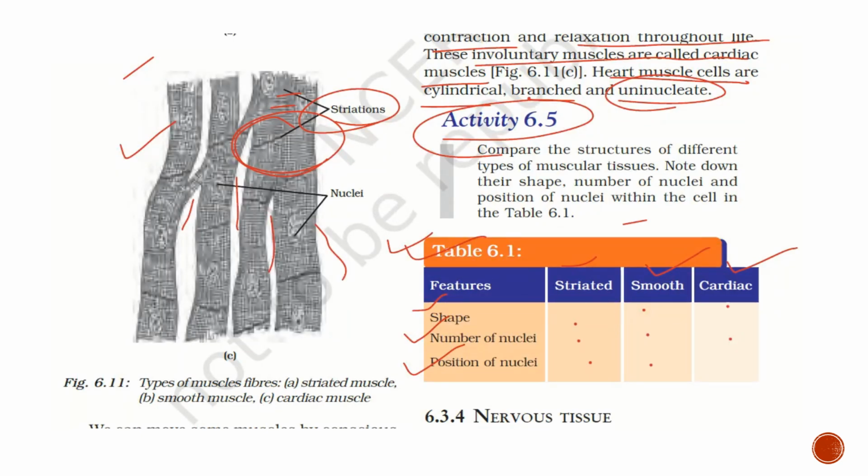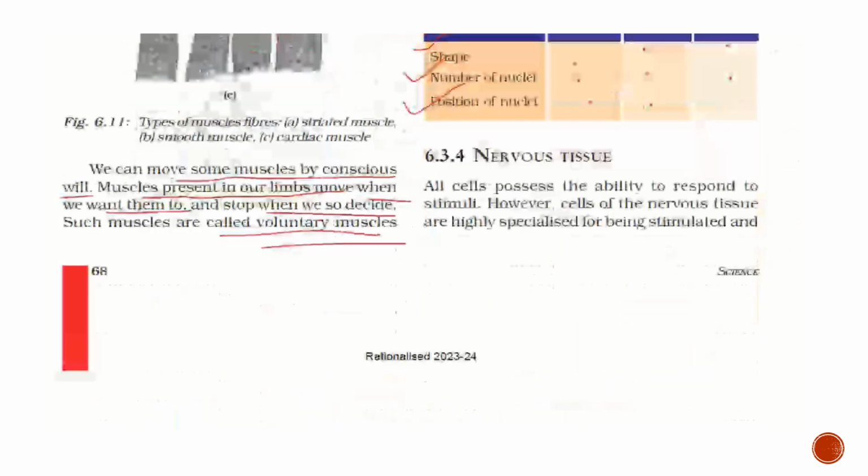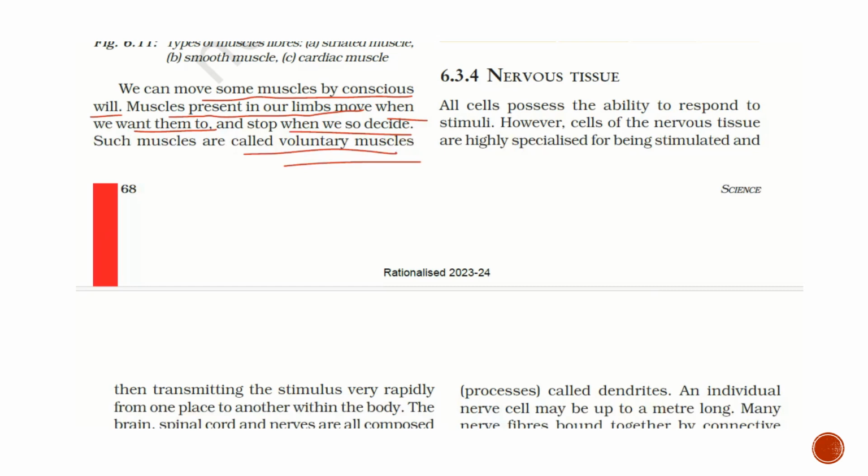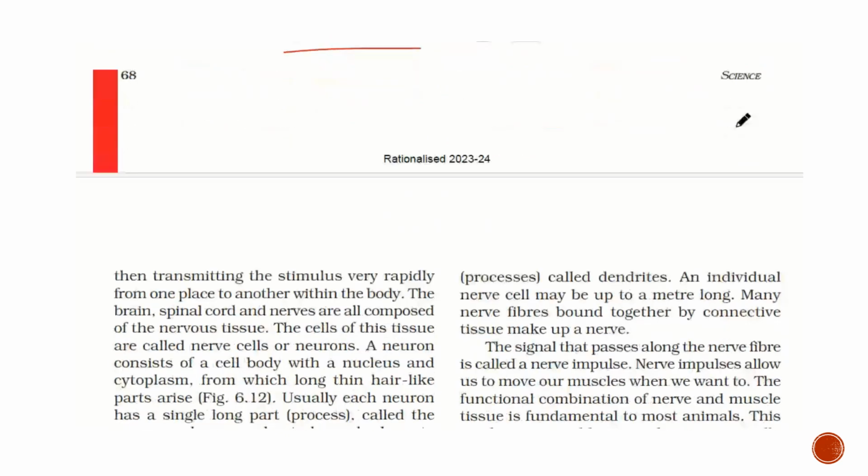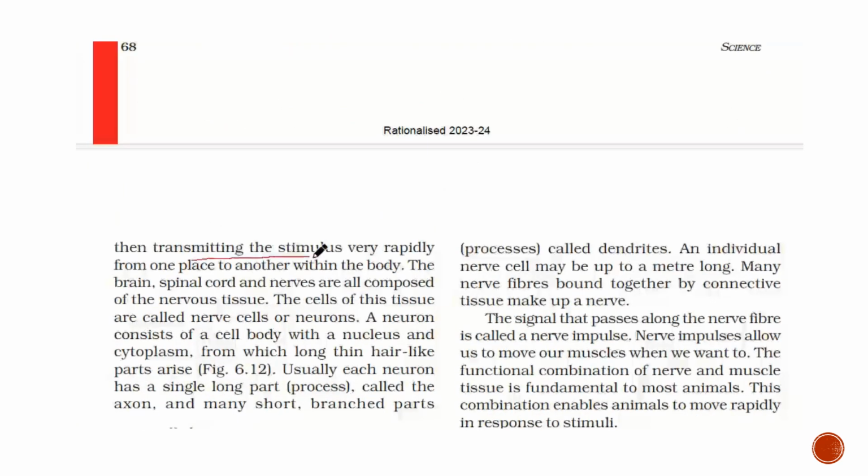Okay, now we will move on to nervous tissue. Nervous tissue means all the cells possess the ability to respond to stimuli. However, the cells of the nervous tissue are highly specialized for being stimulated and then transmitting the stimulus very rapidly from one place within the body to another.